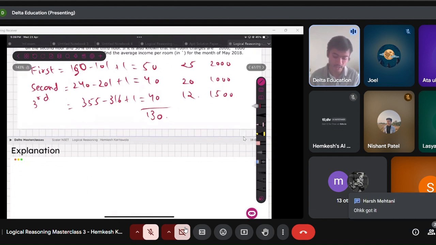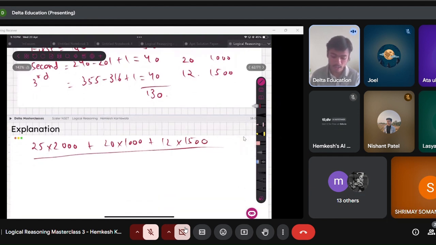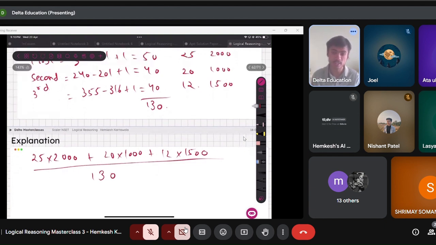So if we do this, the total income would be 25 into 2000 plus 20 into 1000 plus 12 into 1500, and to find the average, it would be upon 130, and not the summation of these three.